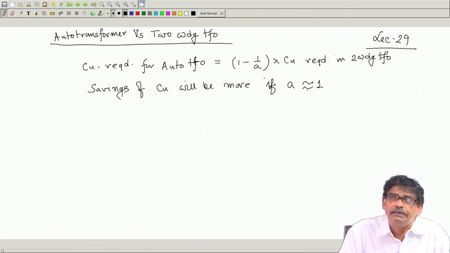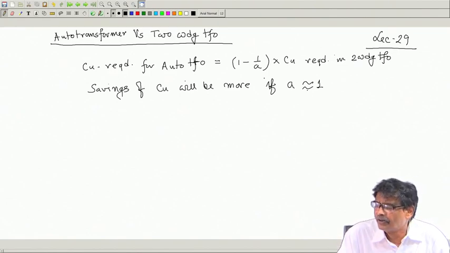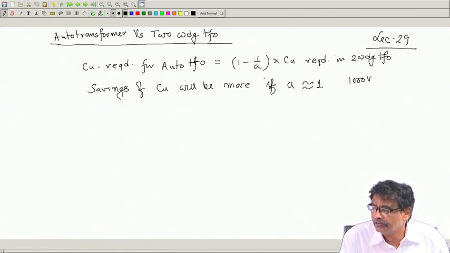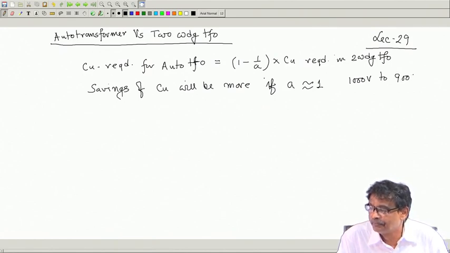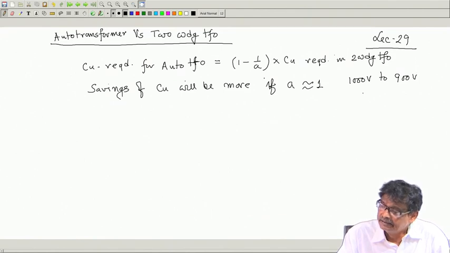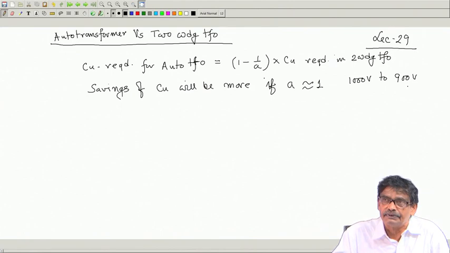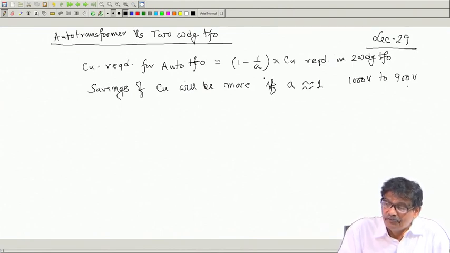But there may be situations when, for example, you want to step down the voltage from 1000 volt to say 900 volt. Here this ratio is close to 1. In this type of transformation, we find savings of copper will be more.